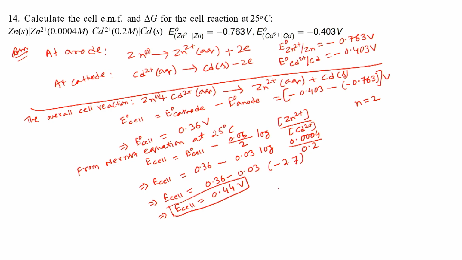Once we get the value of E cell, we can easily calculate delta G. Okay. So therefore, for the cell reaction, delta G is minus nFE, or E cell here you can write.